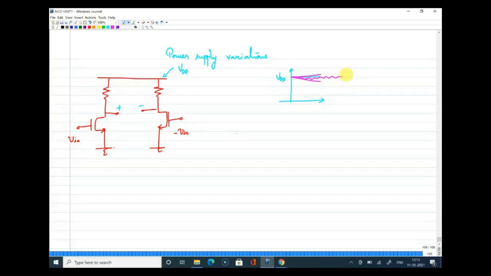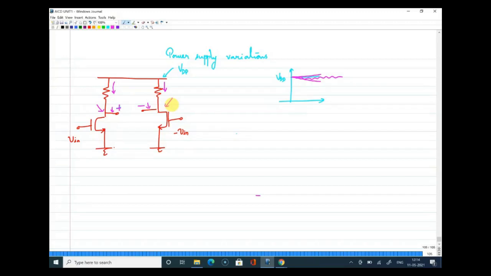Whenever you have supply voltage fluctuations, those fluctuations will affect this path and this path in the form of current fluctuations, and as a result, you will have fluctuations in the DC voltage developed here. Now, when you say differential signaling, as you are measuring between these 2 points, even those fluctuations will appear at this point equally, such that when you take the difference, those fluctuations will be completely cancelled out.